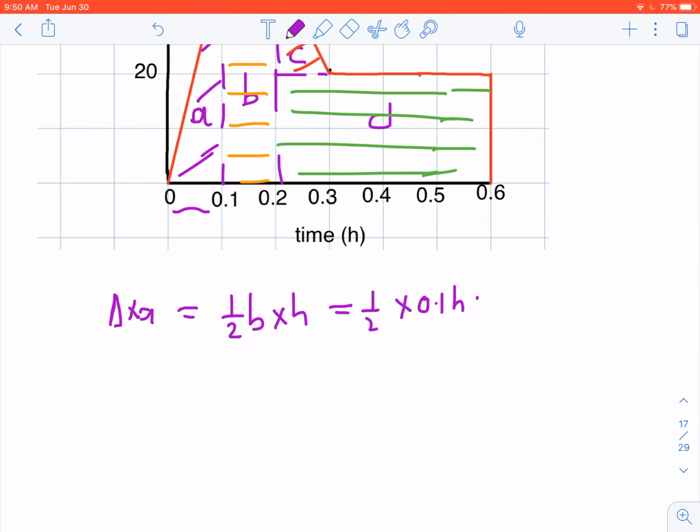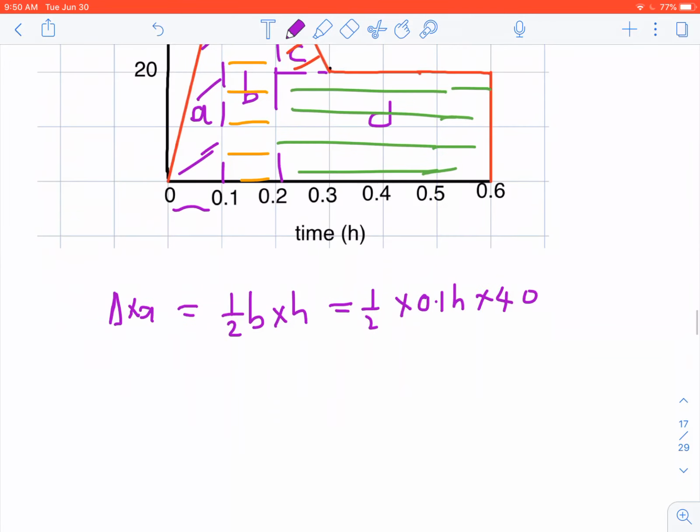So times 40 kilometers an hour, and that gives us 2 kilometers. So let's maybe just say 2 kilometers there.